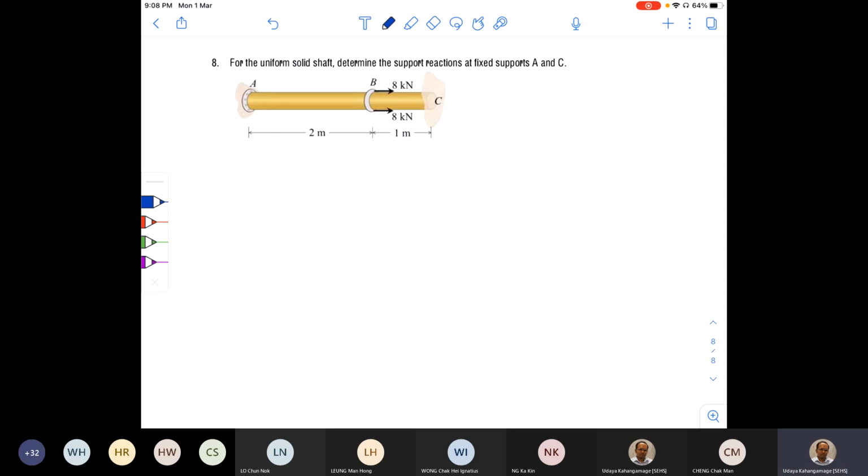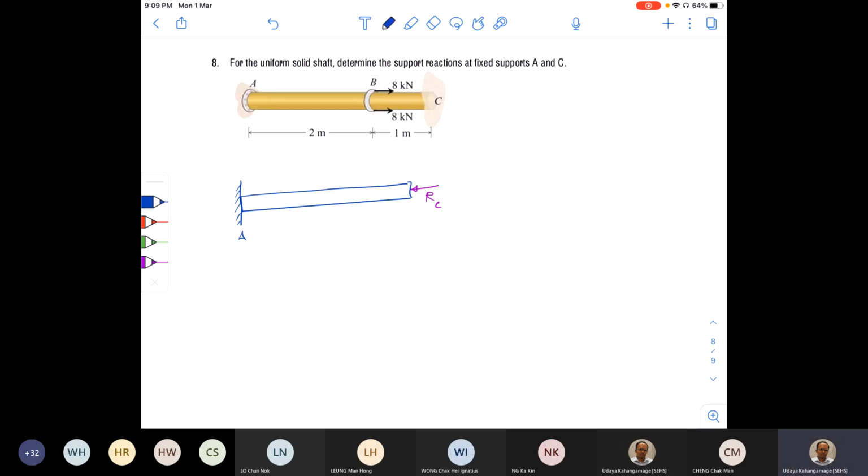So let's draw that free body diagram of this member ABC. A is fixed, so I'm going to keep A only. Still it is in equilibrium, because we don't need support C. In place of support C, I'm going to put a reaction force RC.